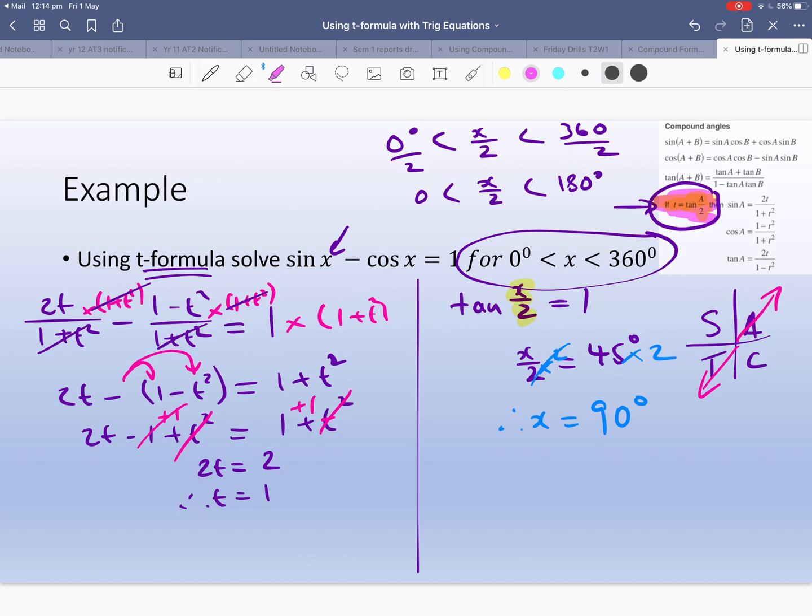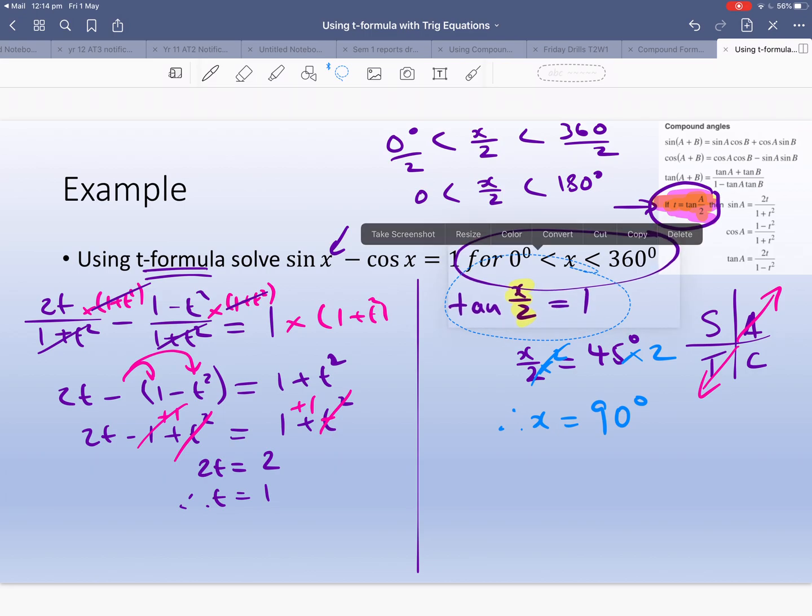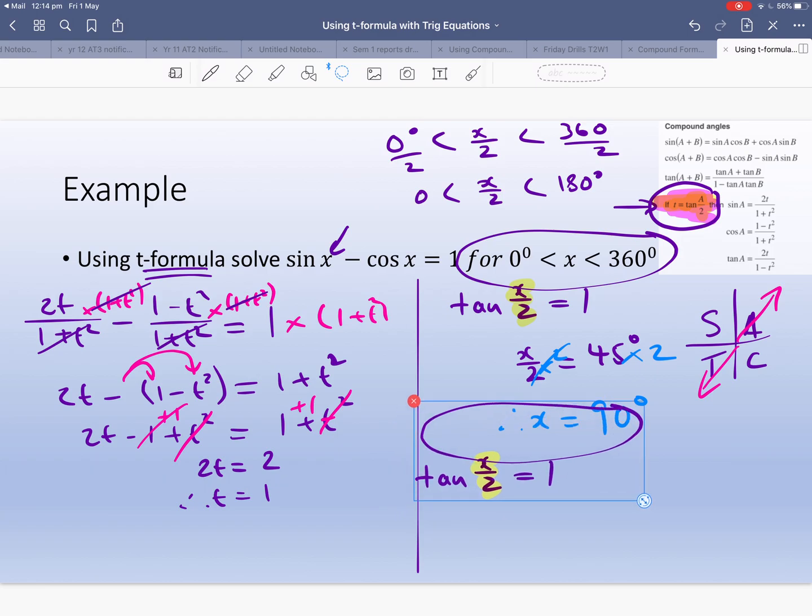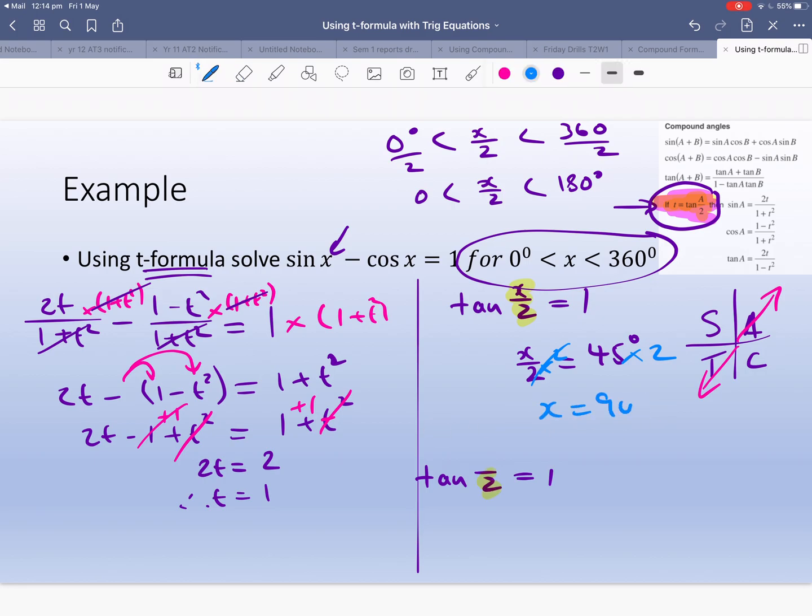So, because we're using this guy here, 90 degrees we can't have, okay? So x equals 90 degrees, and this is x at the top there.